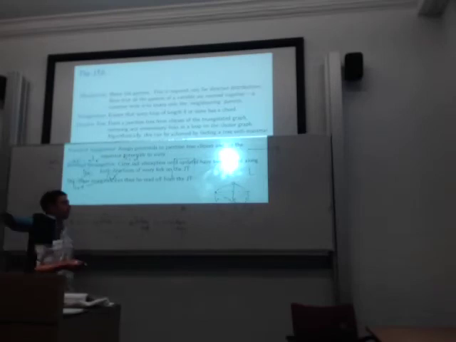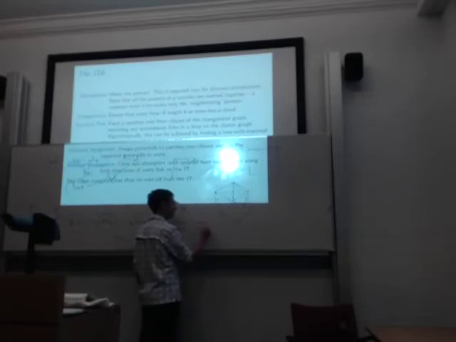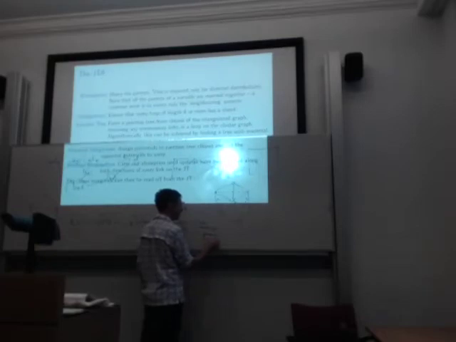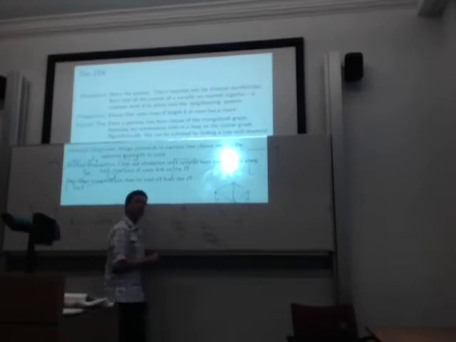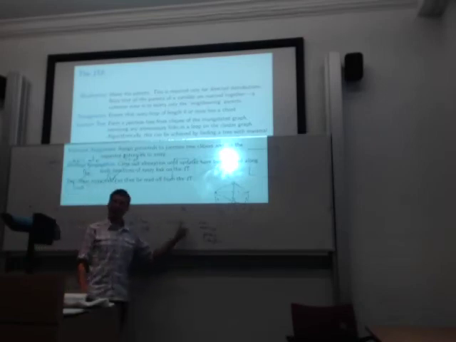Okay, and then you run absorption on this thing. And then you're done, because the cliques on this graph, after doing this message passing, will contain the marginals of the original distribution.